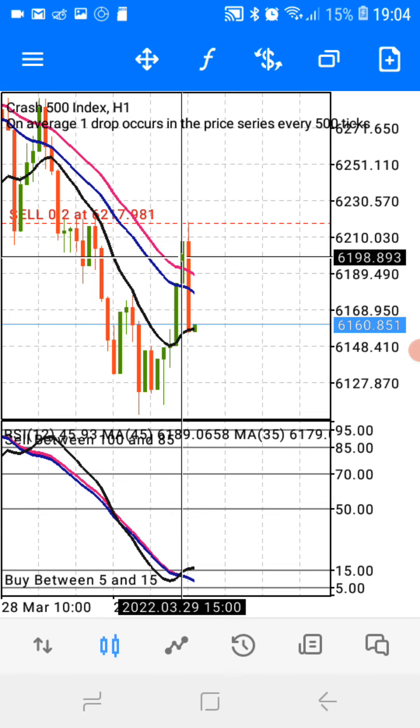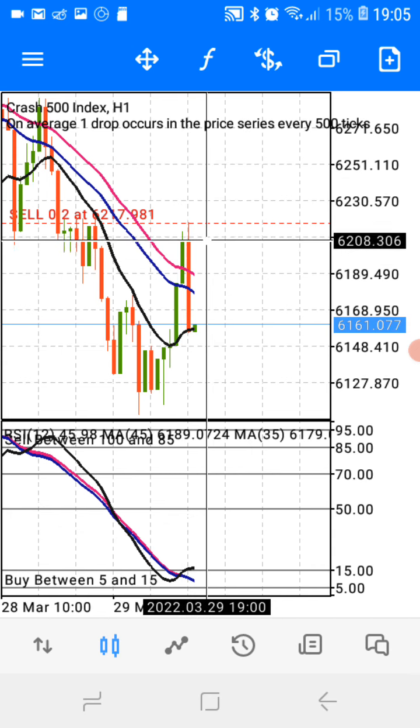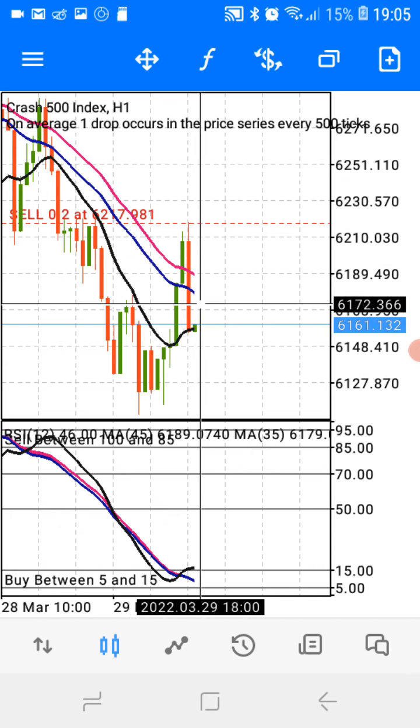So you could have scalped that buy, for those that are stubborn, those that always want to go against Crash, because Crash is always crashing. And if you like holding, can you imagine what that bearish candle could have done to your account?